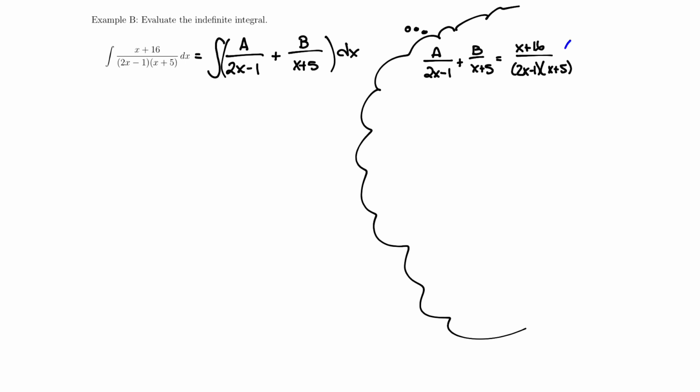I'm going to multiply through by the denominator, 2x minus 1 times x plus 5.